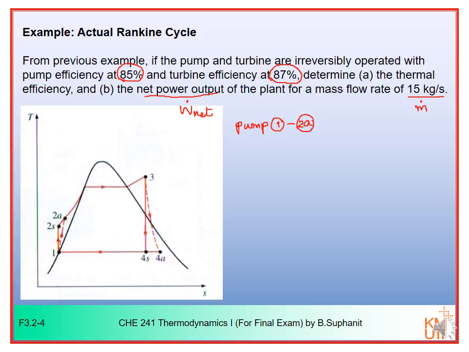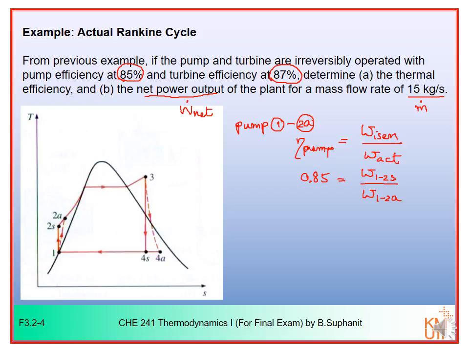From the given information here, we have efficiency of the pump at 85%. So eta of the pump equals isentropic work divided by actual work. So that is 0.85. The isentropic work W12S divided by W12A, which is the actual work.